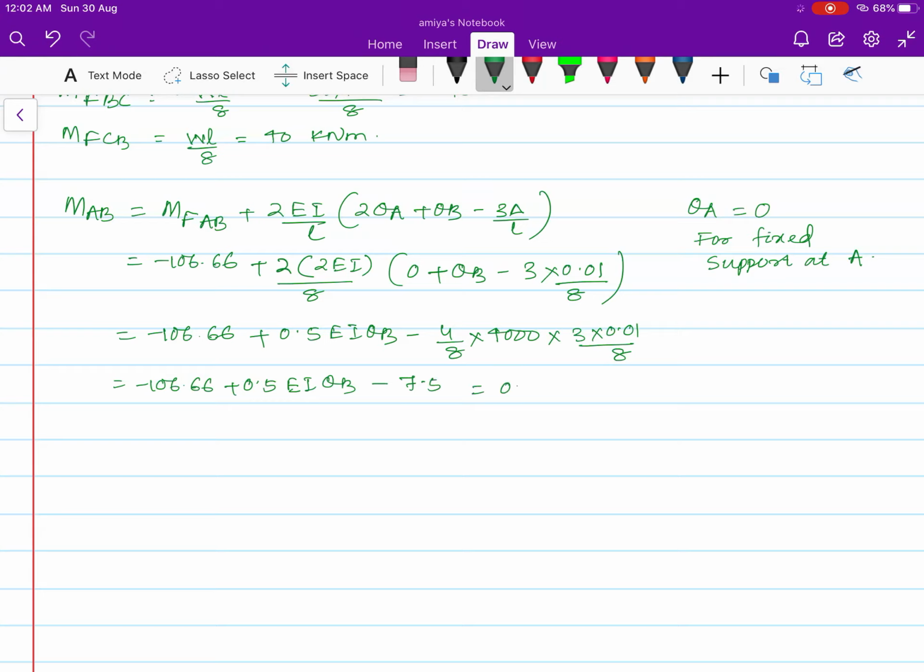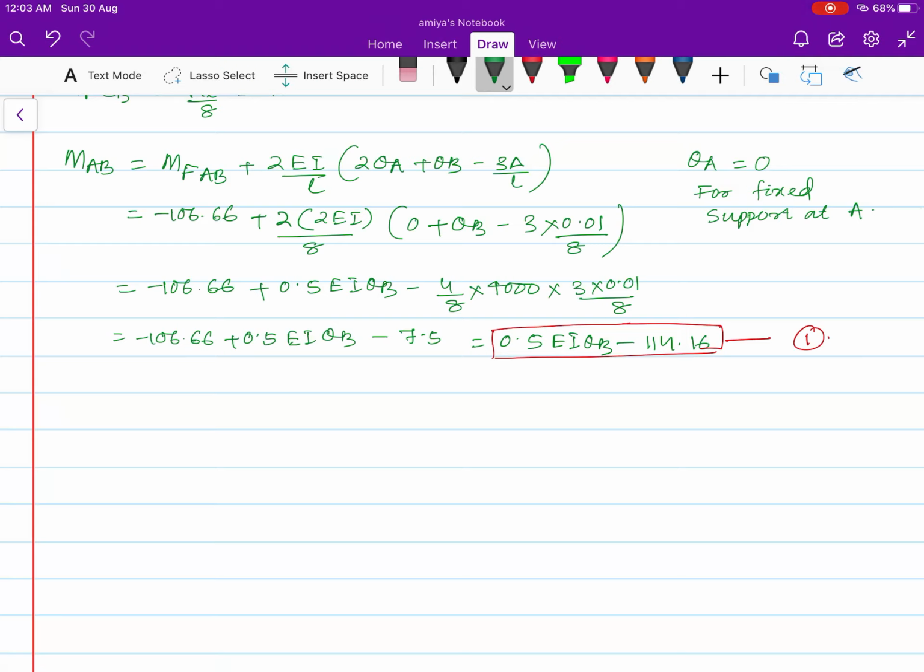So I get 0.5 EI into theta B minus 106.66 and 7.5, we get minus 114.16. So we name it as equation 1.